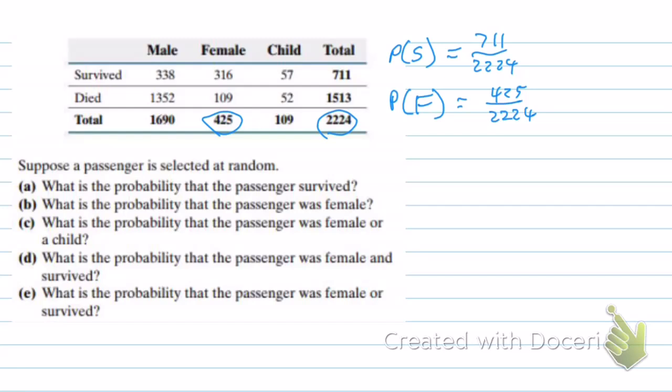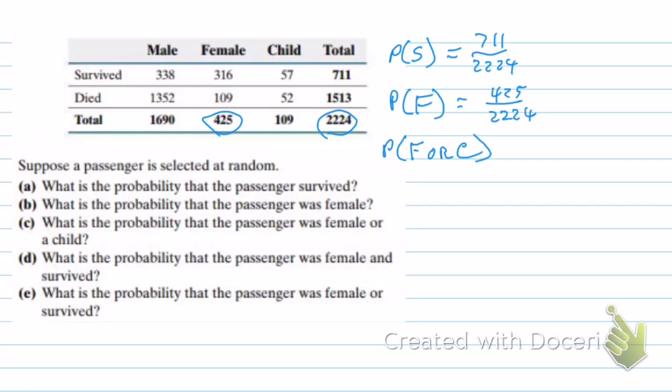What's the probability that the passenger was female or a child? Now we need to stop a second and think about this. I'm seeing the word or, so my brain automatically starts thinking, what rule? Addition, good.